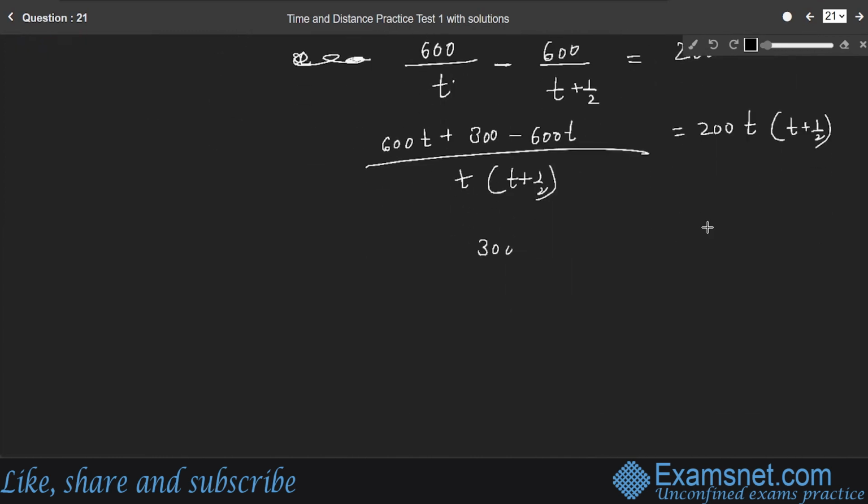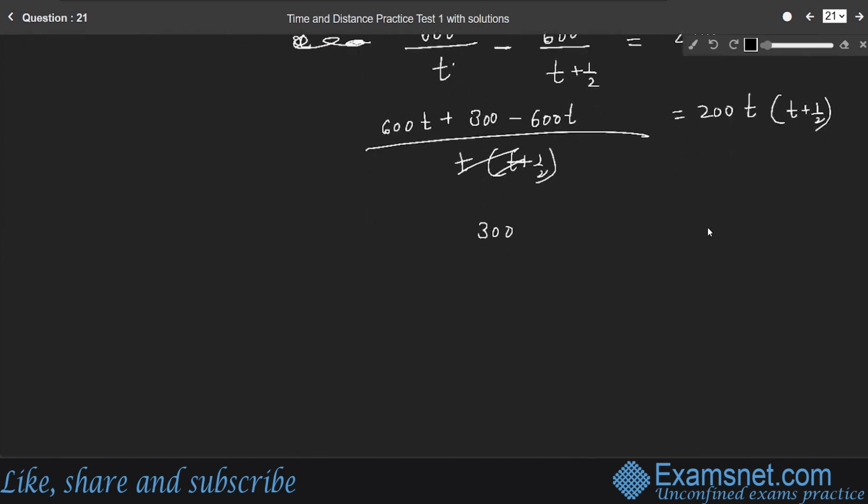Then t into t plus half goes to the RHS: 300 equals 200 t square plus 200t into half, which is 100t. So we have 200 t square plus 100t minus 300 equals 0.